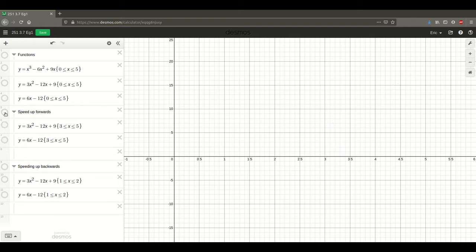Now you can speed up backwards too. What this line says down here is that our velocity is negative and our acceleration is negative. That means we are speeding up, but in the backwards direction. So we can speed up forwards and we can speed up backwards. You speed up forwards when your velocity and acceleration are positive, and you speed up in the backwards direction when your velocity and your acceleration are negative.